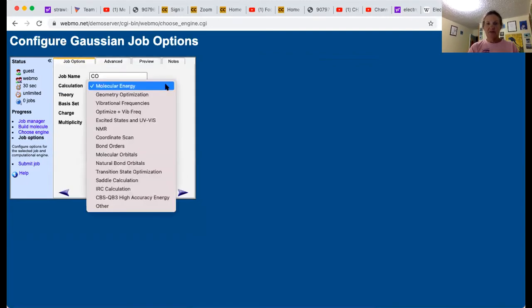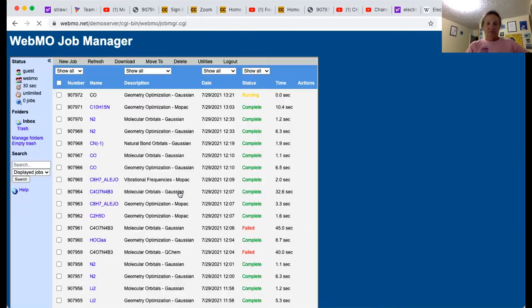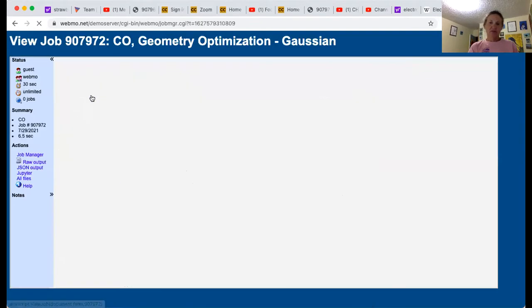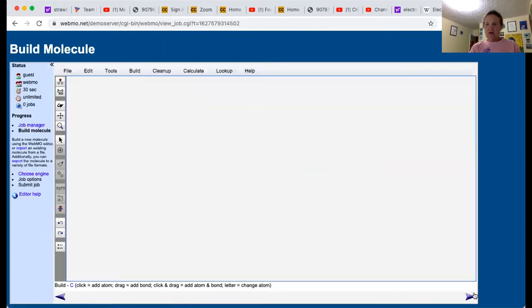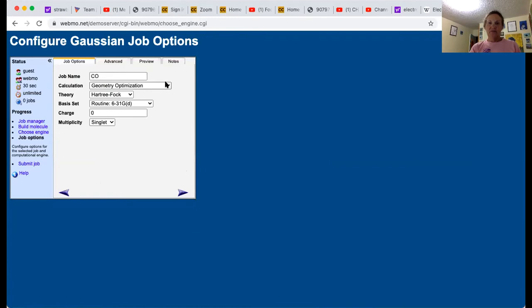We'll figure out the best geometry. Now we're going to do the molecular orbital calculation. So we'll start with that geometry, run a new job. The job will be to calculate the molecular orbitals.